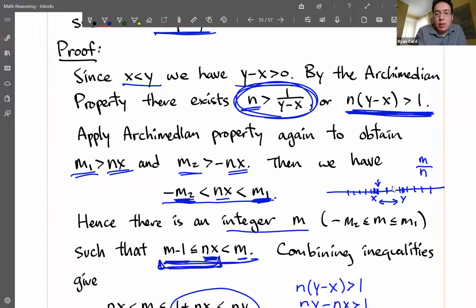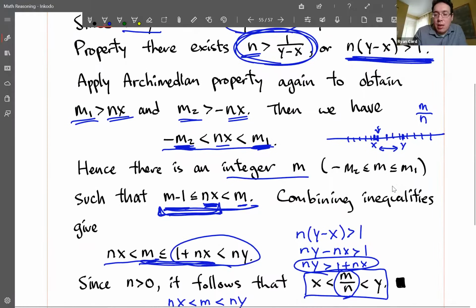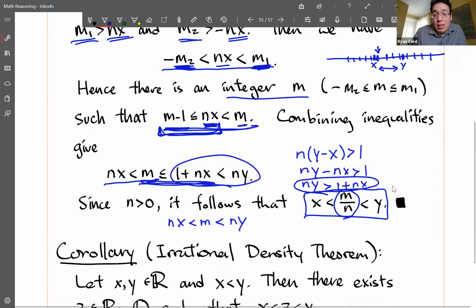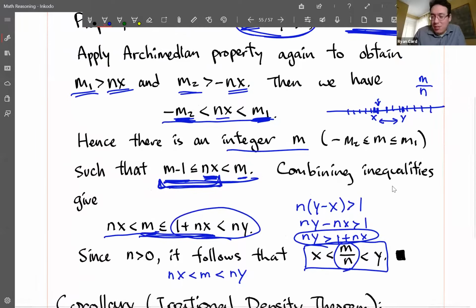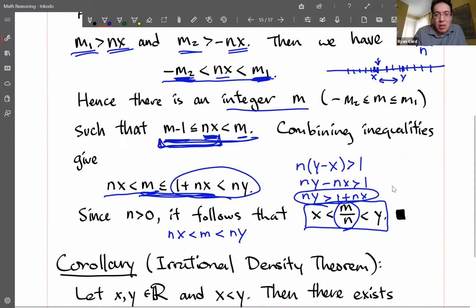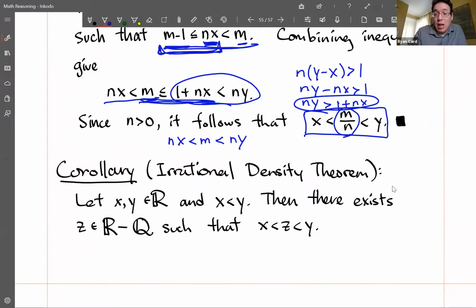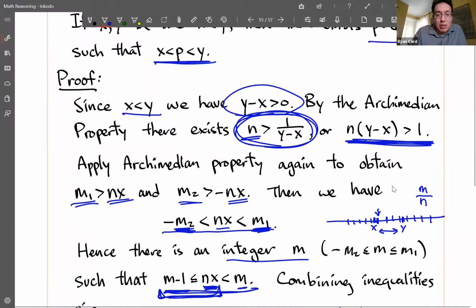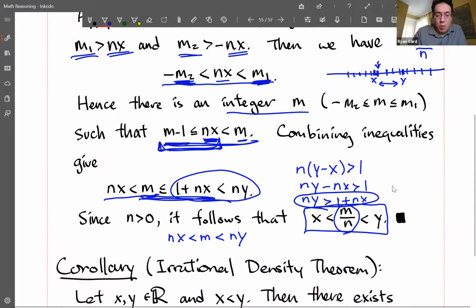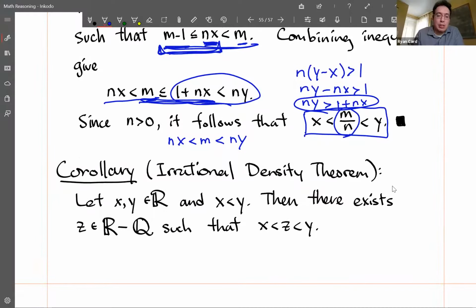And that's why this thing came. For this heuristic to make sense, you might need to watch this video again. But that proves that rational numbers are pretty much everywhere in real numbers.